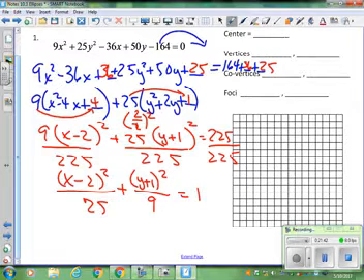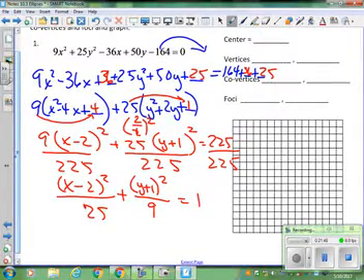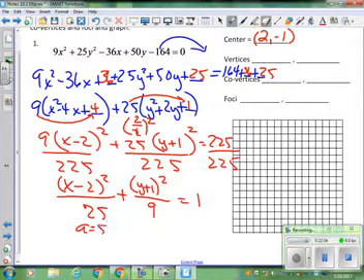Alright, so now that we've got it all reduced down, we can go back over what we learned yesterday. So where is my center? 2, -1, alright? And which way is longer? Then A is 5 and B is 3.